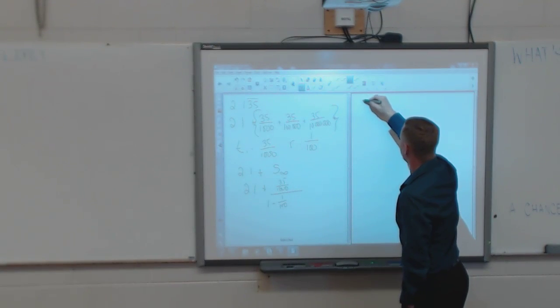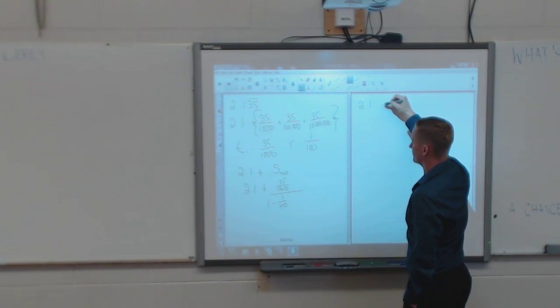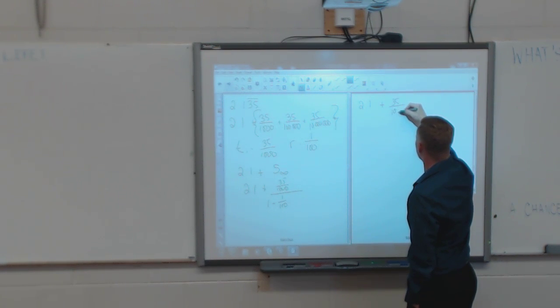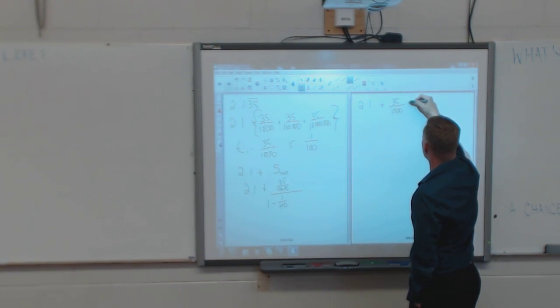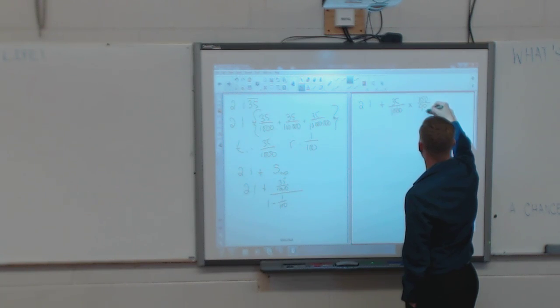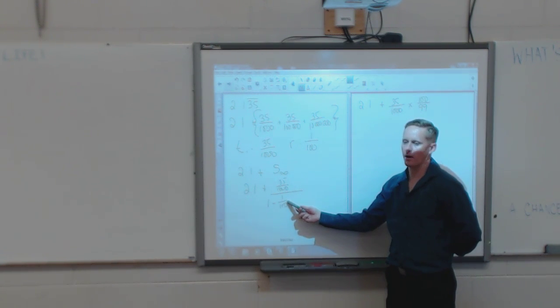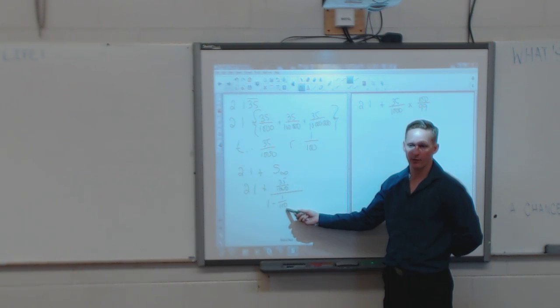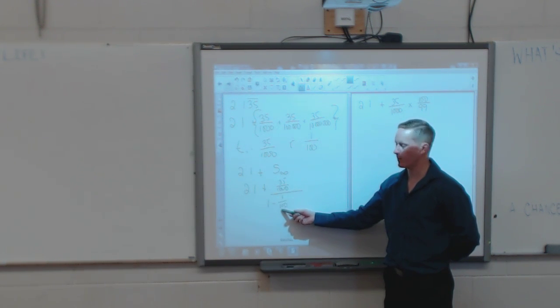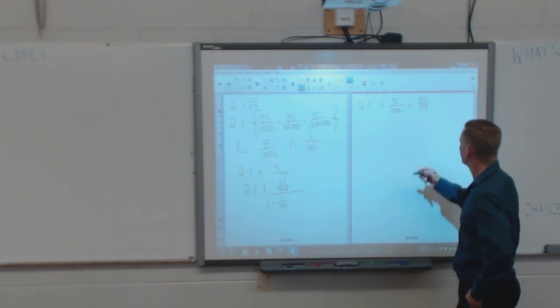I'm just going to flip to the next screen. So I have 2.1 plus 35 over 1,000 times 100 over 99. 1 subtract 1 over 100 is 99 over 100, correct? So I have to multiply by the reciprocal of it.